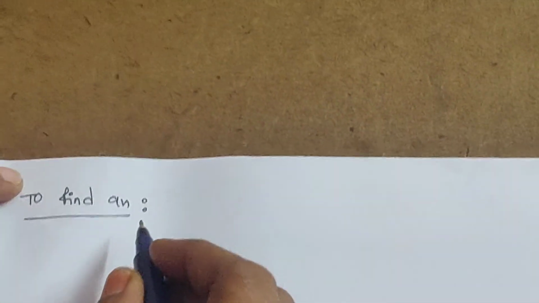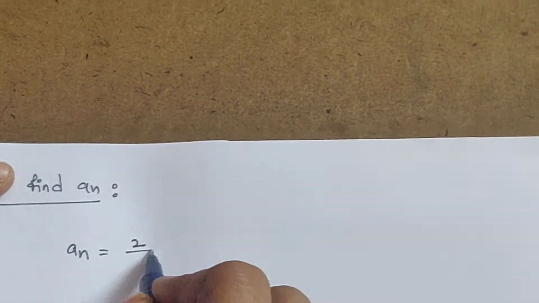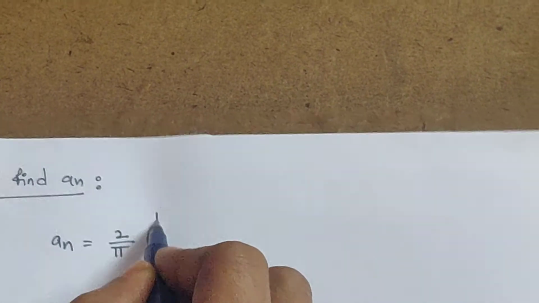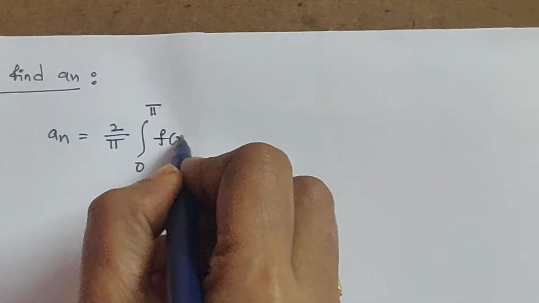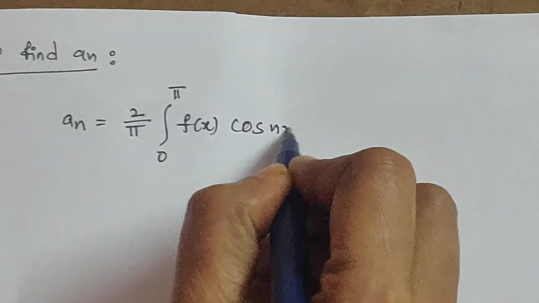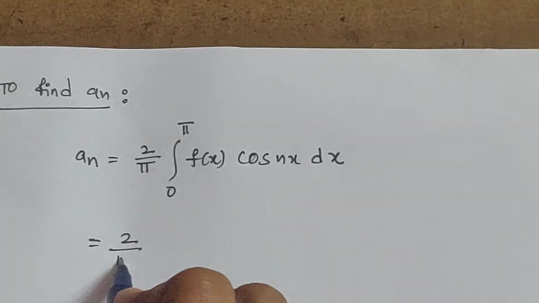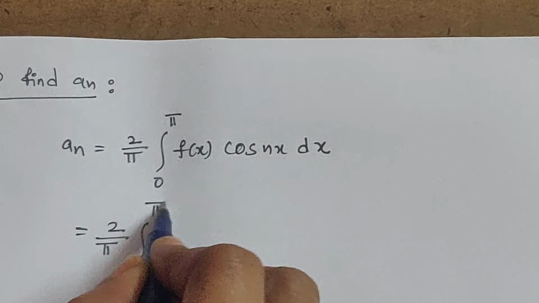Now to find an. The formula is an equal to 2 by pi integral 0 to pi f of x cos nx dx, equal to 2 by pi integral 0 to pi.